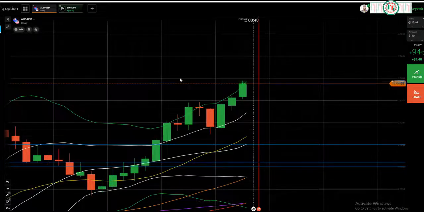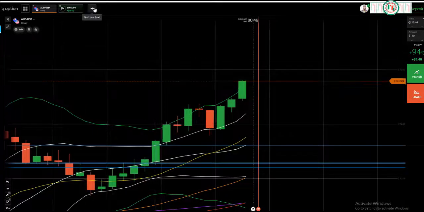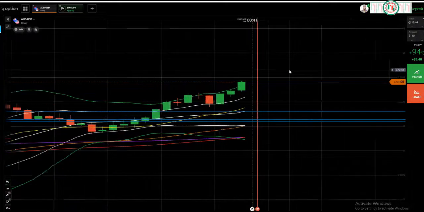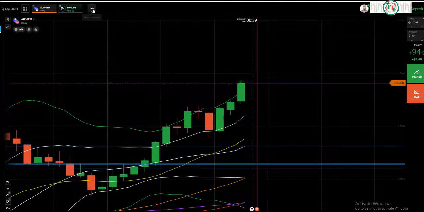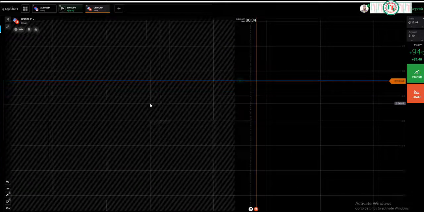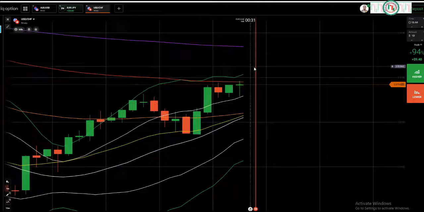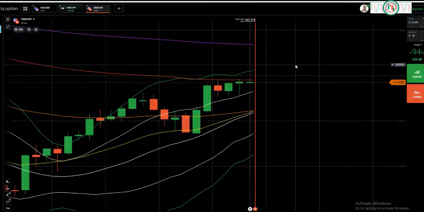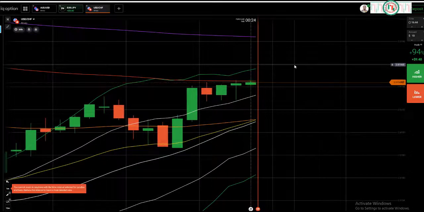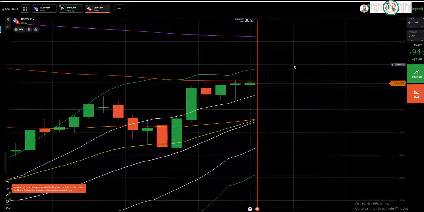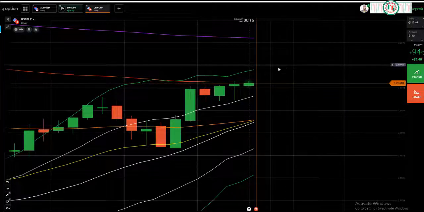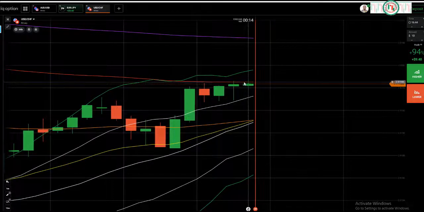So let's analyze another market here. Here you can see we are in a strong uptrend. I'm trading support or resistance. Let me check the level. We are trading on levels. Here is a very strong area.